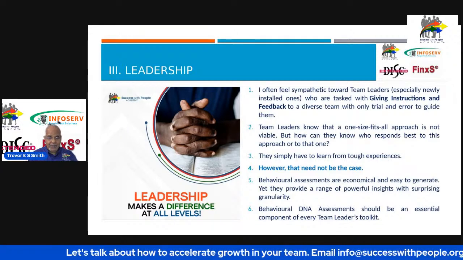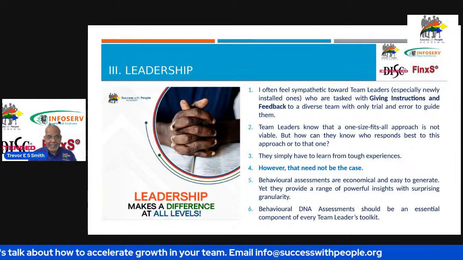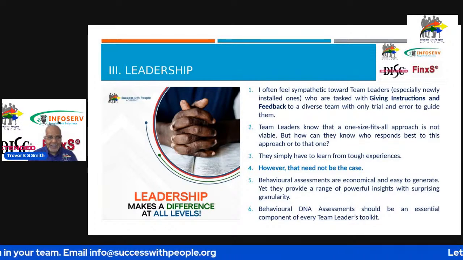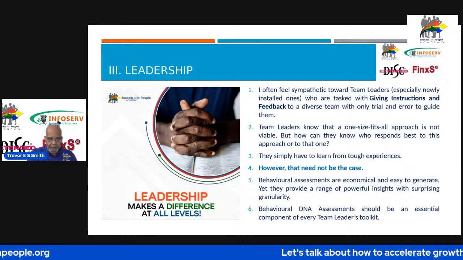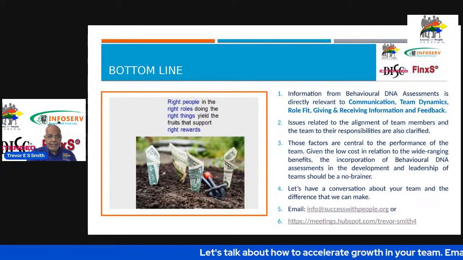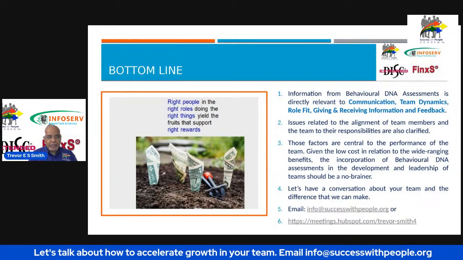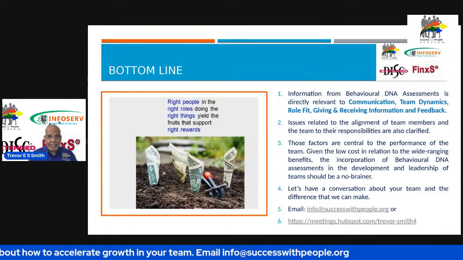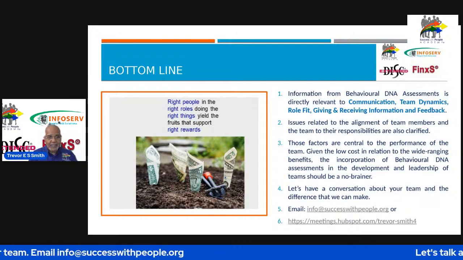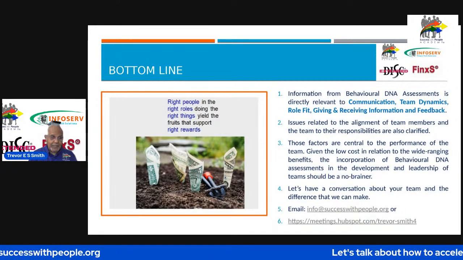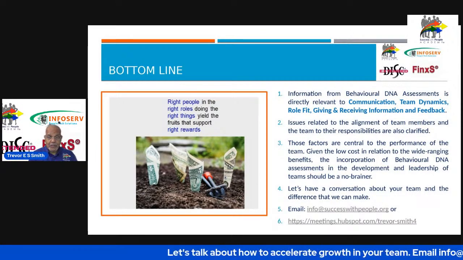We also then suggest a universal language of behaviors where we speak discerning communication. That's basically the tool that we use. So the bottom line then is that information from behavioral DNA assessments directly impacts so many areas. It impacts communication, sure. It impacts team dynamics. It impacts role fit.